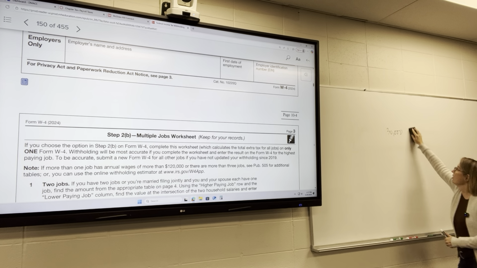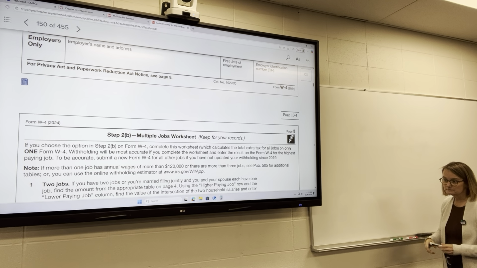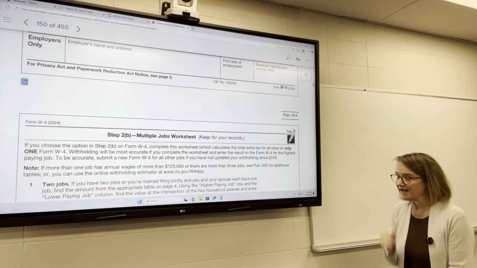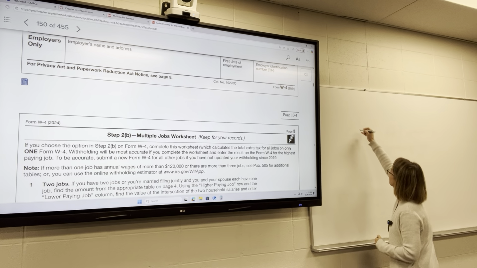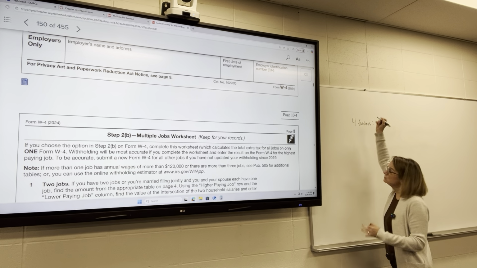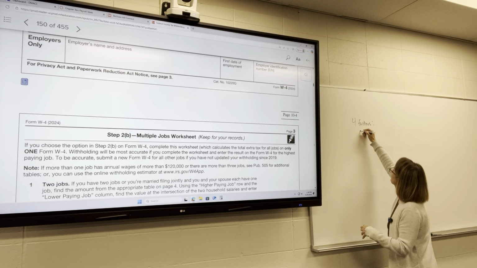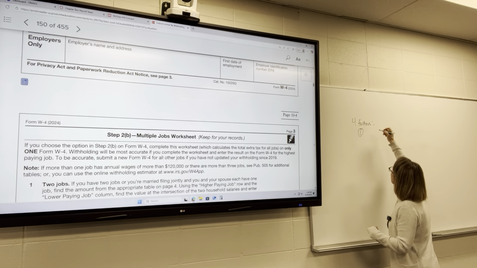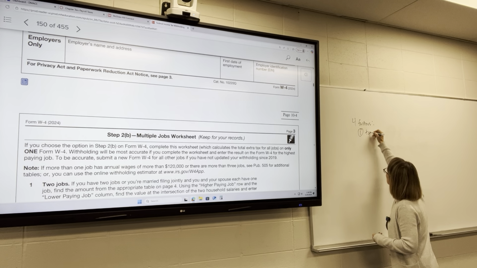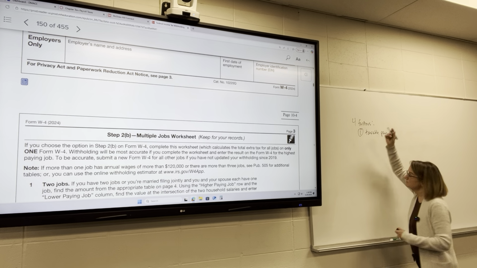So if you recall, I think I had all of you in payroll accounting. We had these 4 minimum factors that we need to determine how much we're going to withhold from an employee's paycheck. The first thing that we need to know is what their taxable pay is for that pay period.